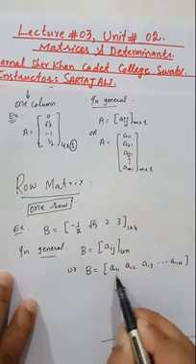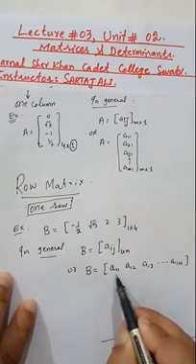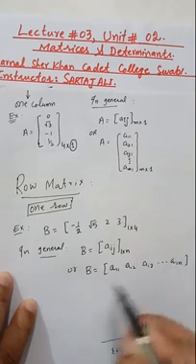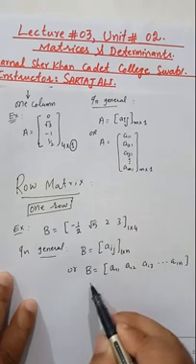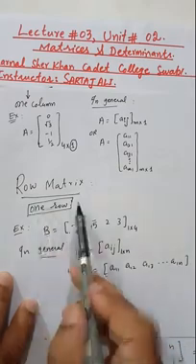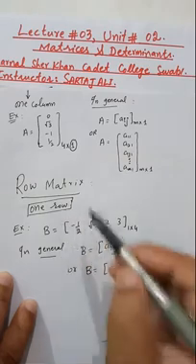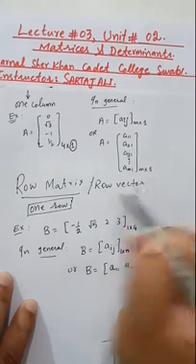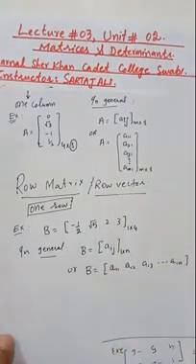The first number in the subscript represents the number of rows. All the elements of this matrix have first subscript 1, so this matrix contains only a single row. That's why this matrix is called a row matrix, or also a row vector. So these are the types of rectangular matrices.